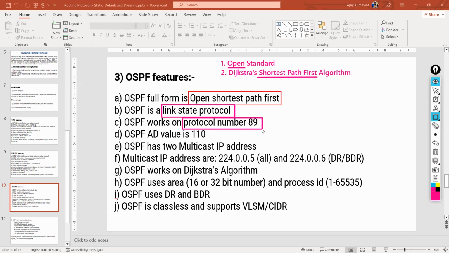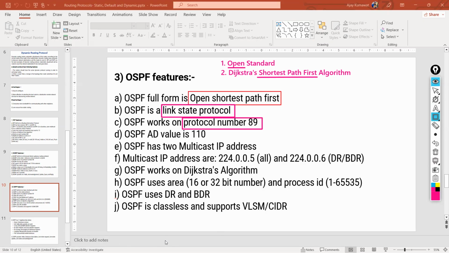Bellman-Ford algorithm. And what is the metric used by RIP? Bandwidth and delay are used by EIGRP, not RIP. Don't mix up the concepts. Right? RIP uses hop count metric.